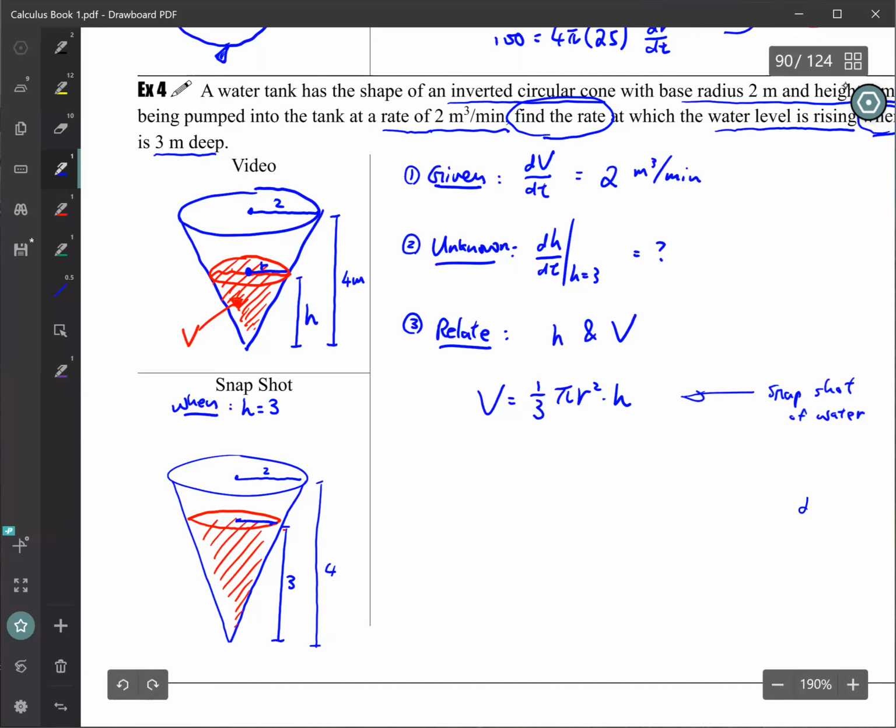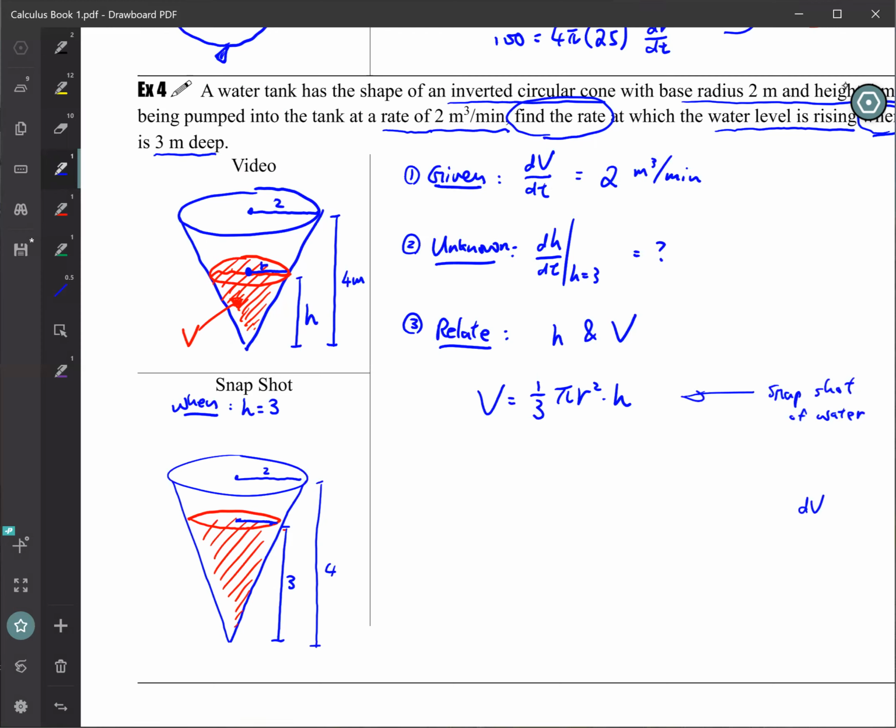Like the change in volume over the change in height would just be R squared. Or is that... wait, we're not doing derivative yet. No, I'm thinking of something else. Yeah, okay. And if you are taking derivative, it's always dt in this section, right? Because we're all talking about rate.